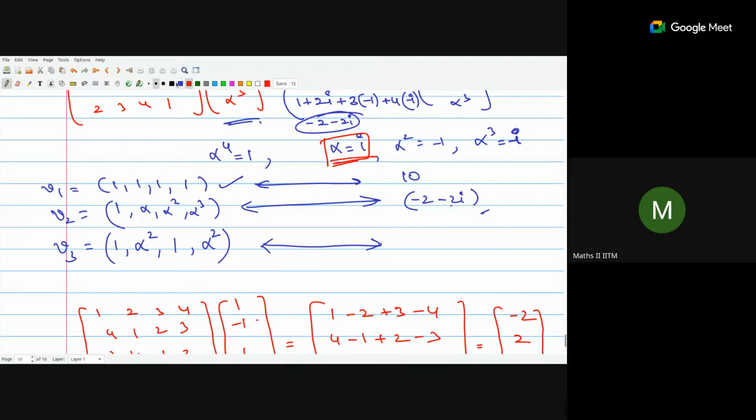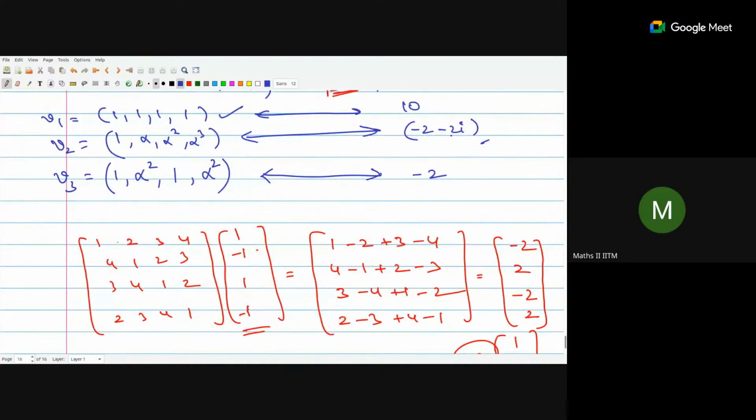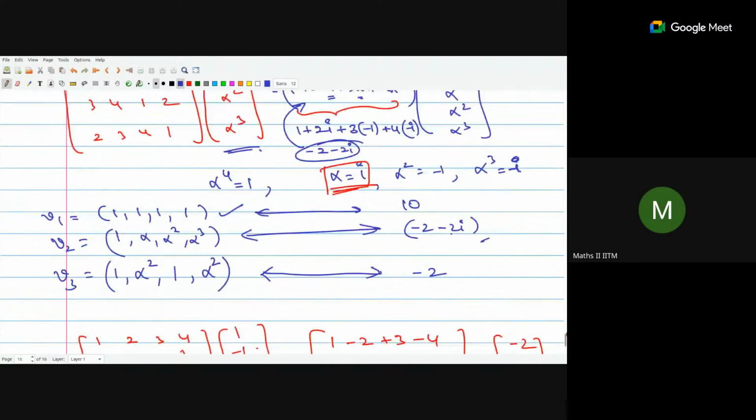So lambda 3 will be minus 2. Or you take it as alpha square itself, and then 1 plus 2 alpha square plus 3 plus 4 alpha square will be your eigenvalue. If you compute it, you will get minus 2. So anyway, it will work.